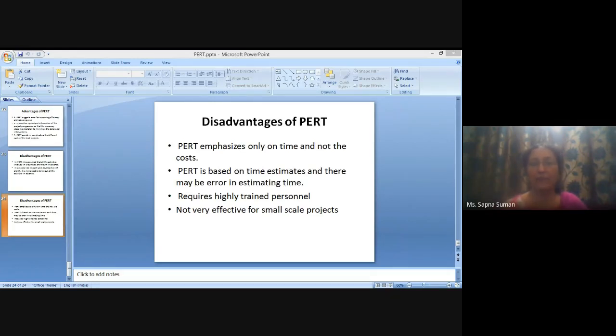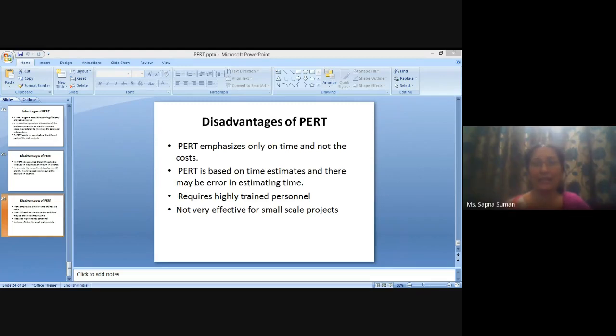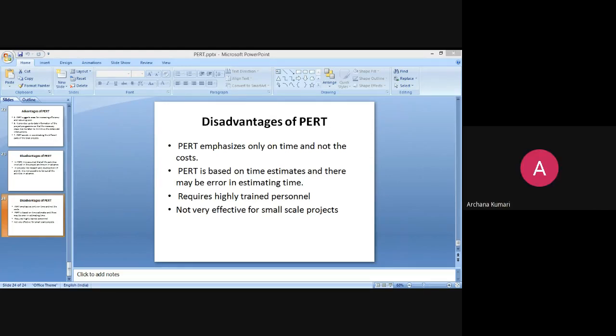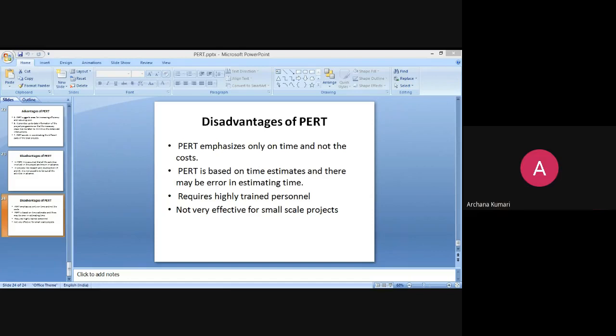And we have new terms like optimistic time, pessimistic time, and the most likely time or the expected time. Then, okay, so these are the new terms or the three types of time estimation that is done here. I hope it was clear to you.